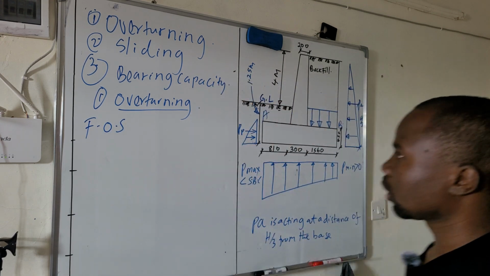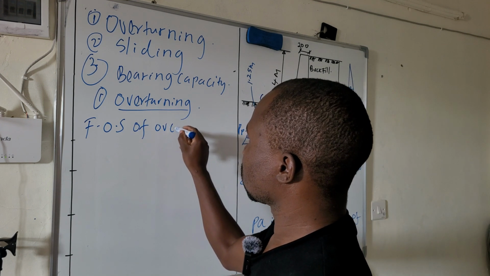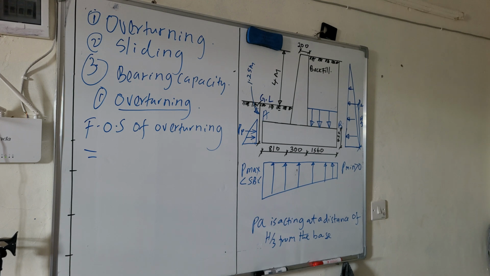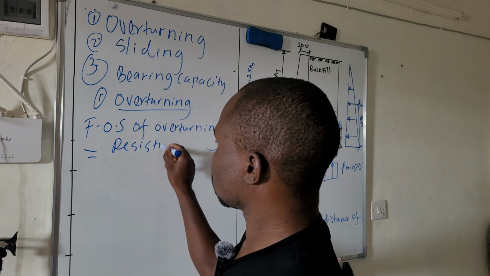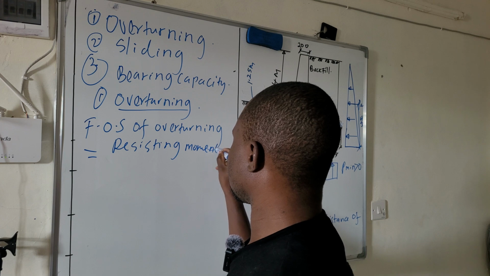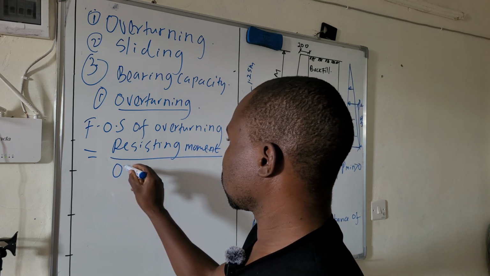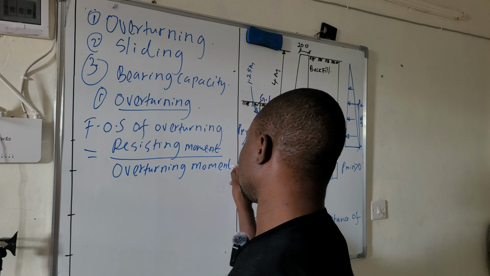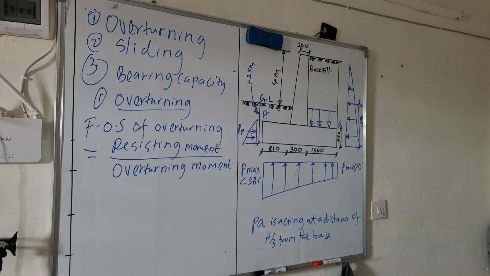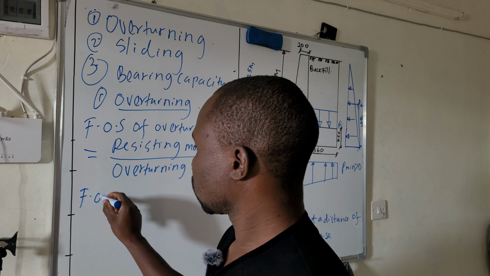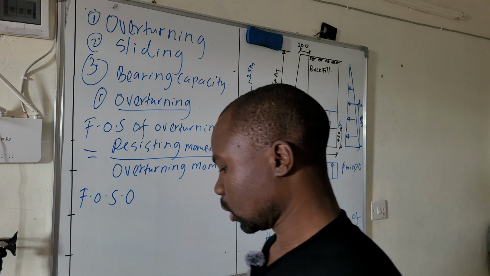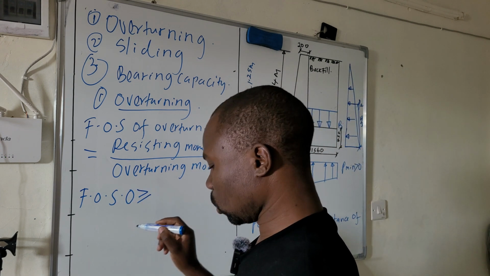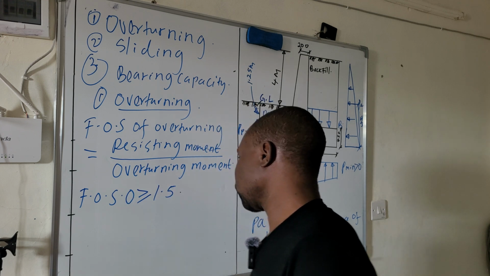The factor of safety of overturning is given by resisting moment divided by overturning moment, and the factor of safety of overturning should be greater than or equal to 1.5.